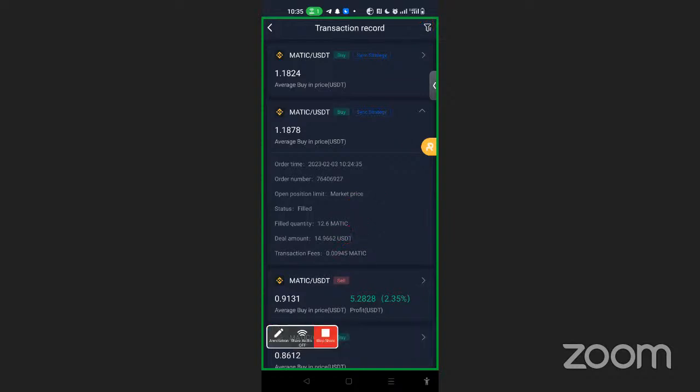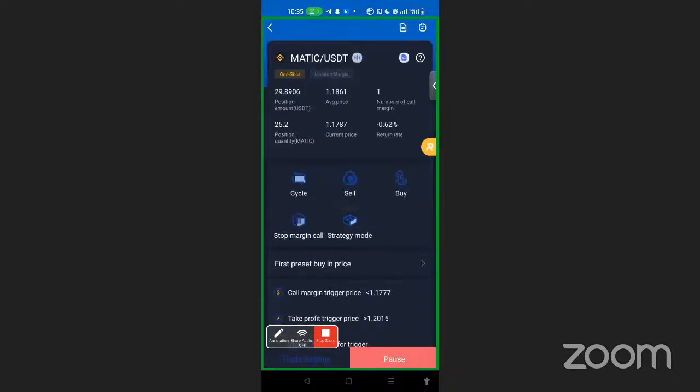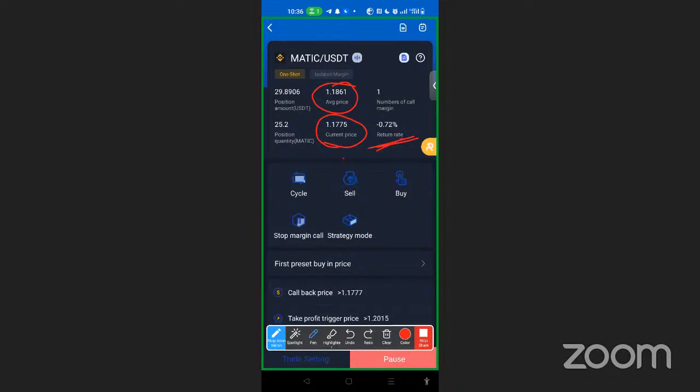Now, whenever it buys, it creates an average price. That's where I want to put my focus. The difference between the average price and the current price is the return rate in percentage. Let me repeat my statement. The difference between the average price and the current price is the return rate in percentage.